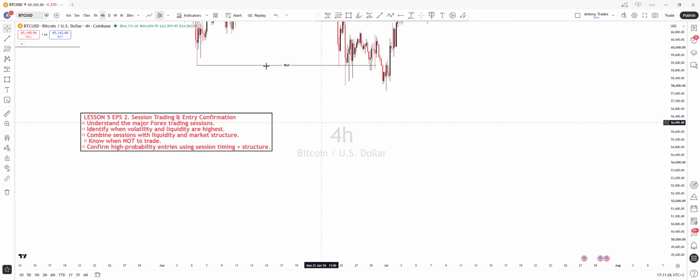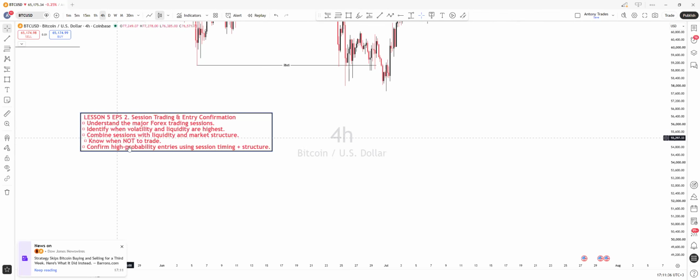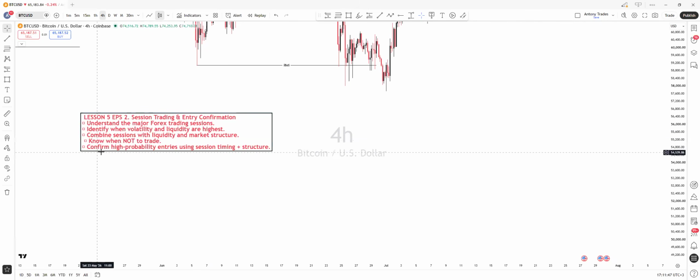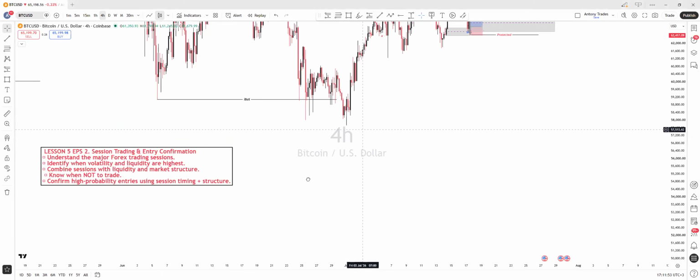All right. So, as I said, we'll be talking about session trading and entry confirmation, whereby we'll be understanding the major forex trading sessions, identifying when volatility and liquidity are highest, combining sessions with liquidity and market structure, knowing when not to trade, and confirming high probability entries using session timing and structure.